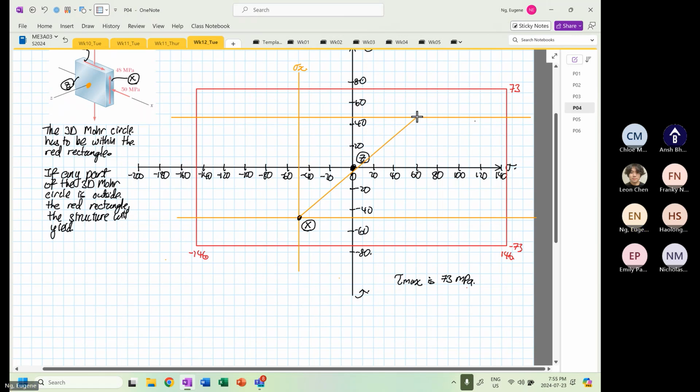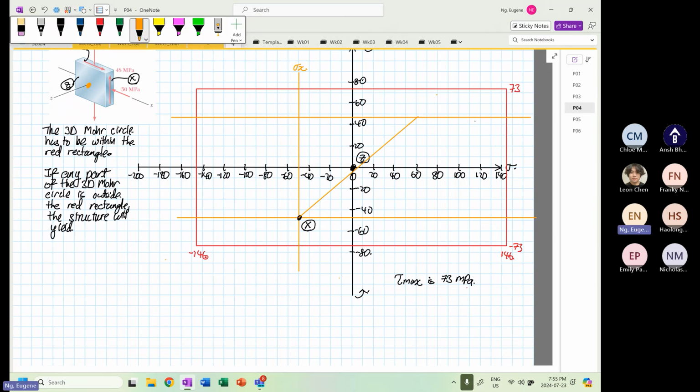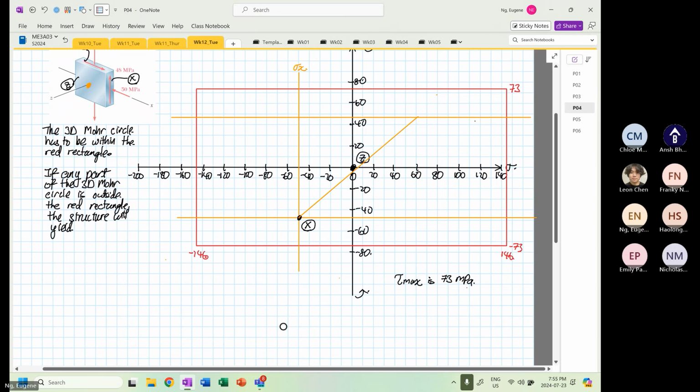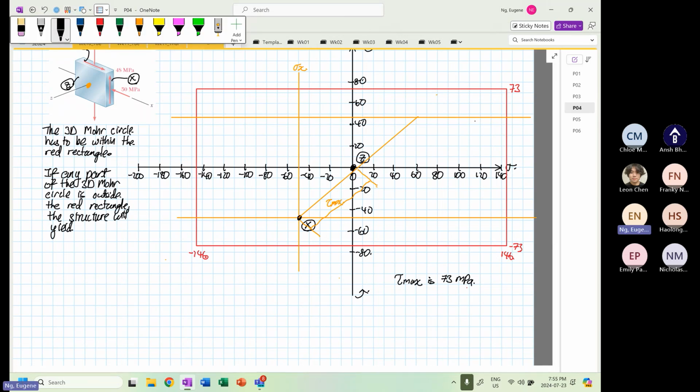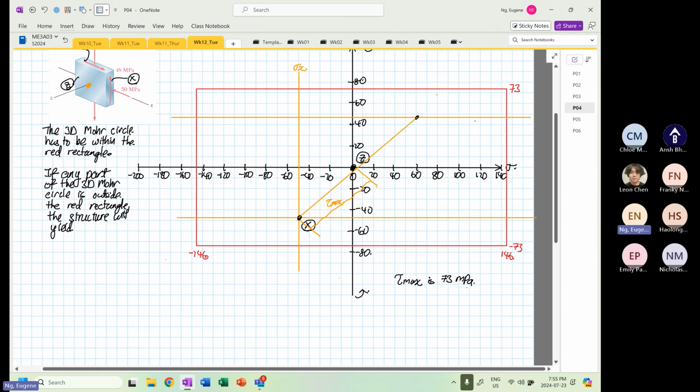One possibility is over here, this distance from here to here, because we know this is our radius. Over here, this is our tau max. So one possibility is over here. This is our Y1.